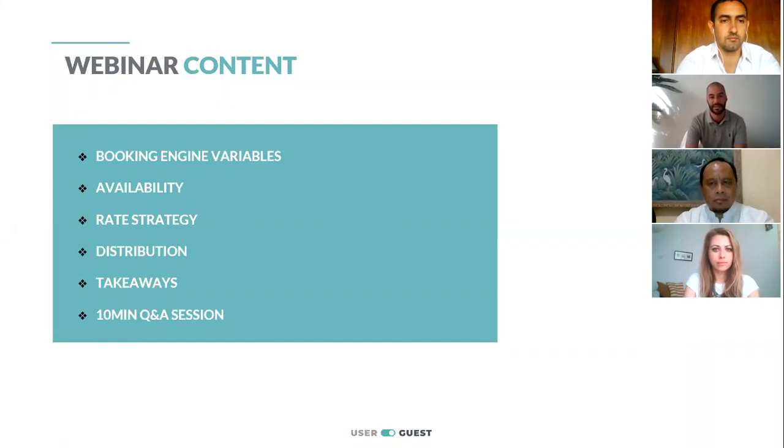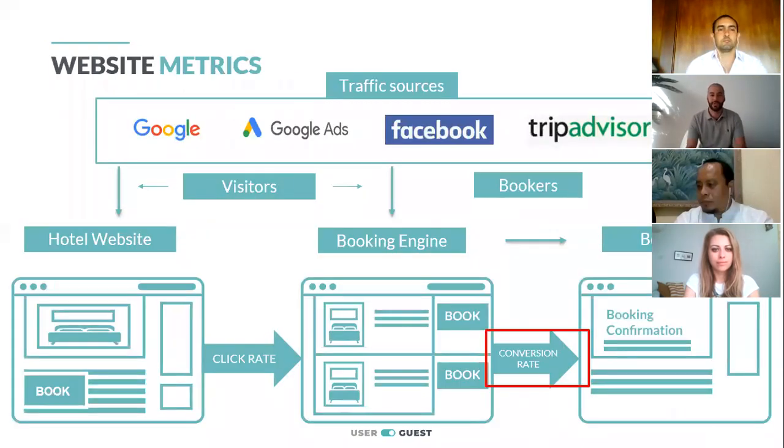Let's start. To lead the conversation for today, this is our framework for how we see website metrics. The traffic comes from specific sources, whether it's Google, Google Ads, Facebook, TripAdvisor, and many other websites.